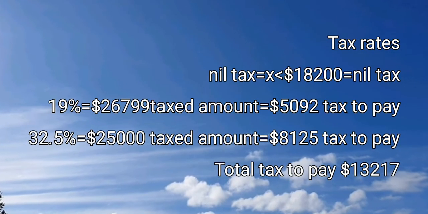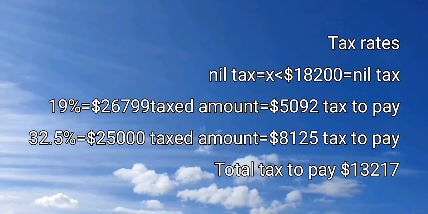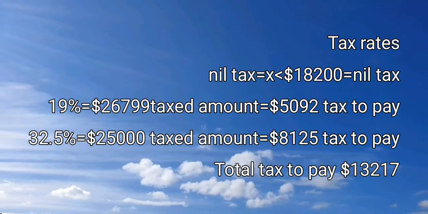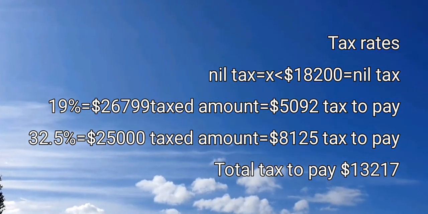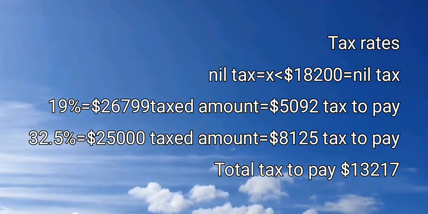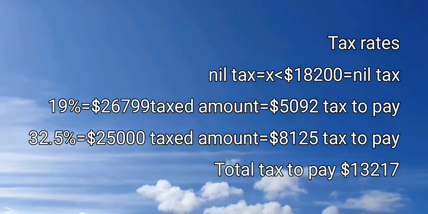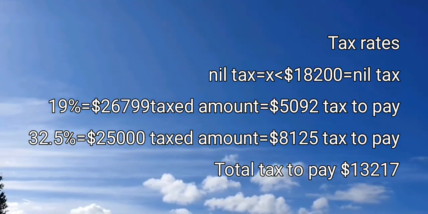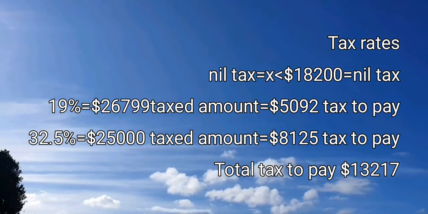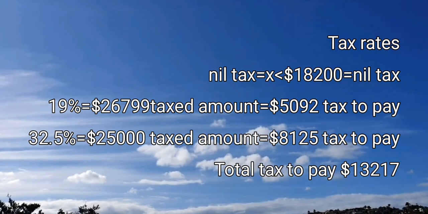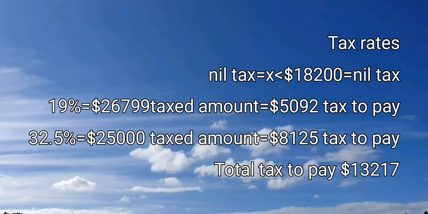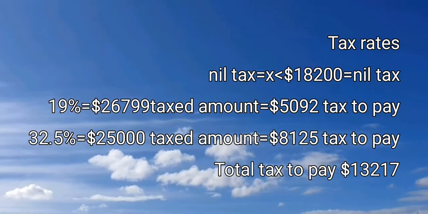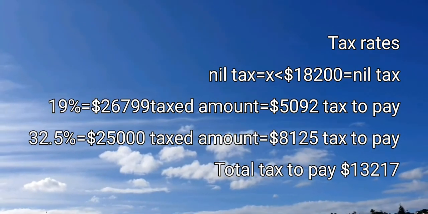You pay nil tax on 18,200. Your next tax rate that you are required to pay is the 19%, and that's $5,092. And because of your income, you're also in the tax rate of 32.5%, so you'll have to pay $8,125.